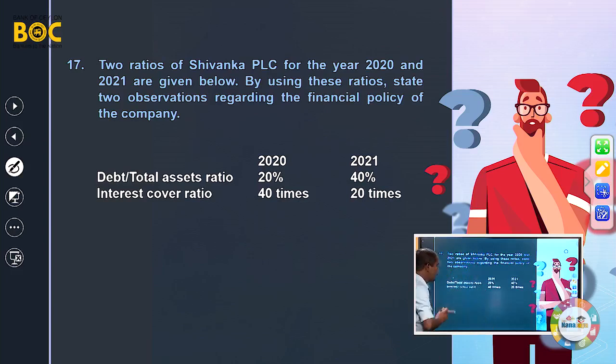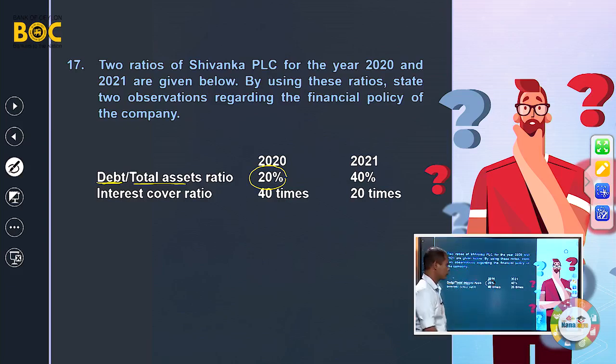They have compared debt with total assets, in 2020 and 2021. Of your total assets, in 2020, you had financed 20% through debt.